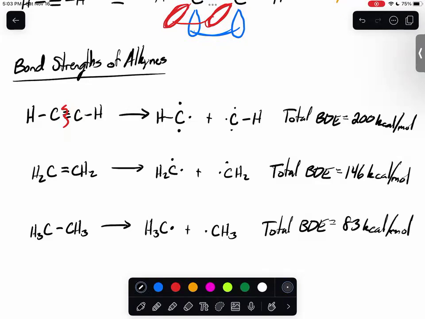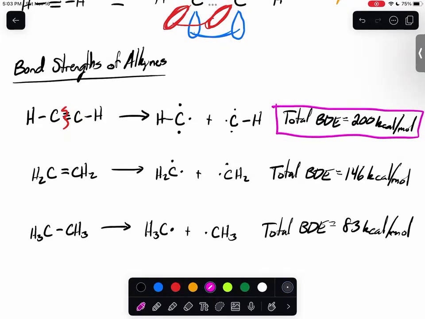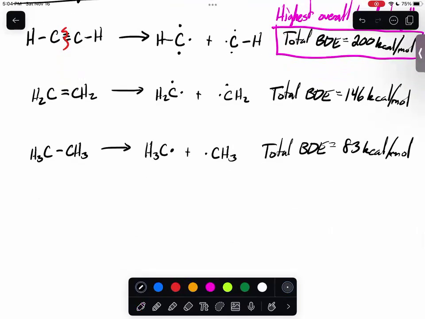So, at first glance, looking at this, up at the very top our alkynes have the highest overall bond strength. So theoretically, alkynes would be the least reactive. But what about strength per bond? Because remember, for the alkynes we're breaking three bonds, unlike for the alkanes, where we're breaking one, and alkenes, where we're breaking two.